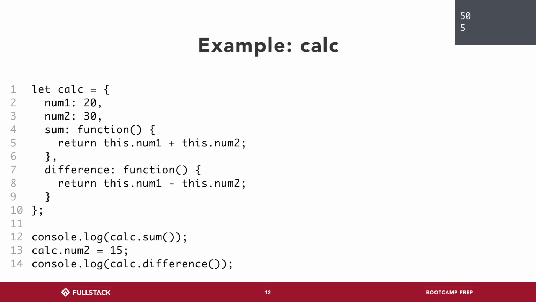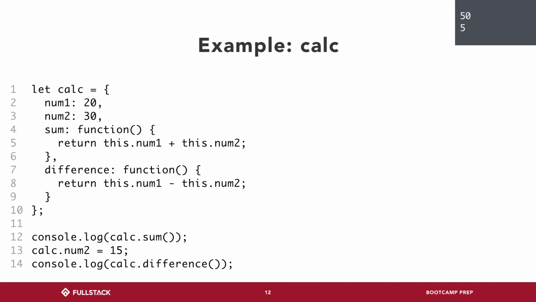This is a blast from the past, the past being yesterday. We use dot notation to reassign the value of num2. Does that make sense? Okay. So you can redefine it on the global scope and it will redefine it.